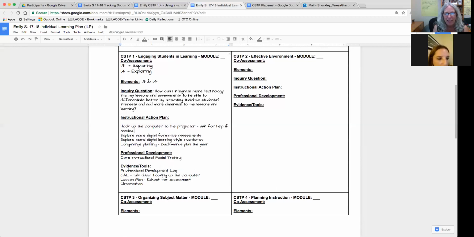And then maybe with the lesson plan, we'll use the technology lesson plan. And the observation that I think would be good would be equity, because that's what you're looking at to help you focus on different kids and their different learning styles, right? That kind of a thing. That will tie into the differentiation piece.